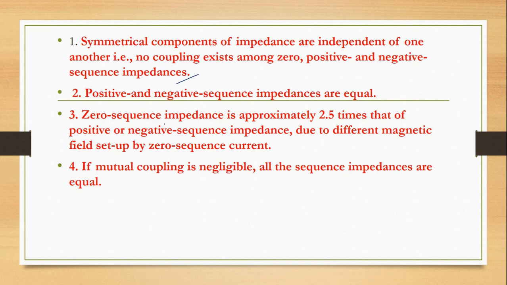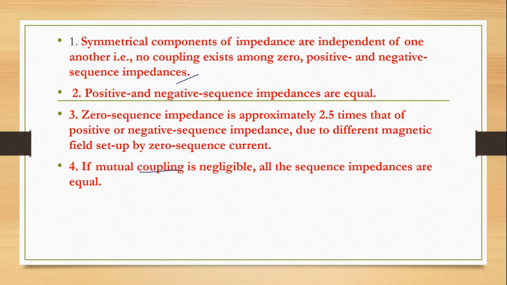Both are Zs minus Zm. Third point, zero sequence impedance is approximately 2.5 times that of positive or negative sequence impedance due to the different magnetic field set up by zero sequence current.